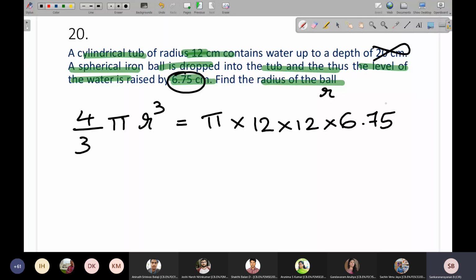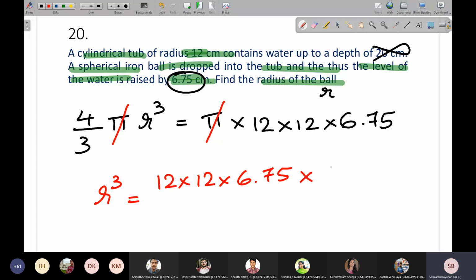So using this result, I can cancel the pi, and that gets me r cube equal to 12 into 12 into 6.75 into 3 upon 4. And by taking the cube root of this expression, I can get the value for r. So r is nothing but the cube root of this given expression.